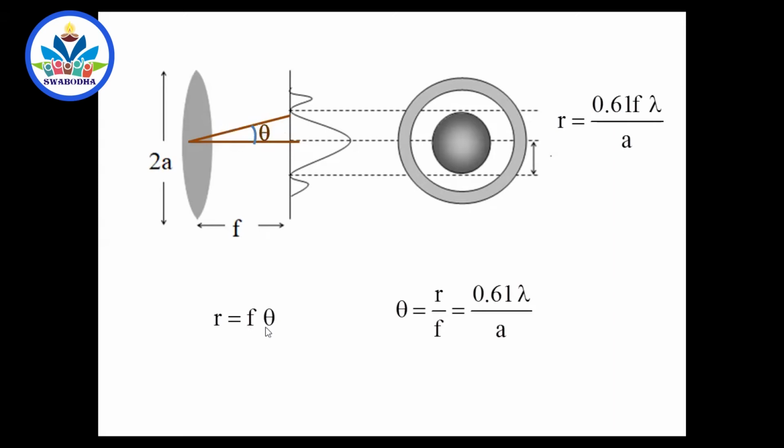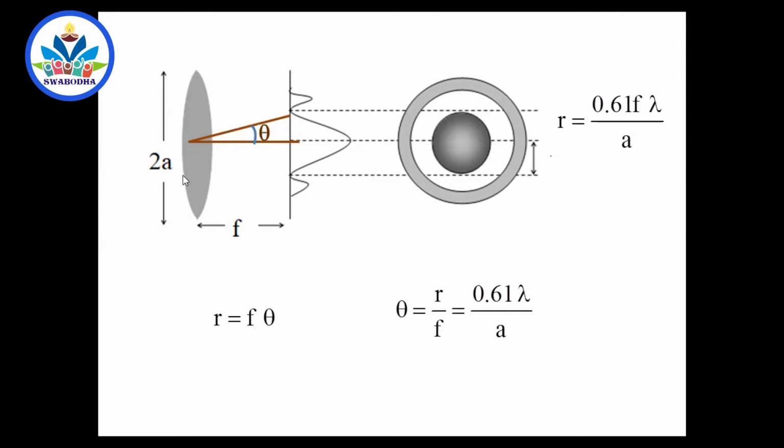If r equals f theta, then theta is equal to r by f, correct? And you have to remove f, that means divide r by f. When you divide r by f, you get 0.61 lambda by a. F gets cancelled. Did you get that?